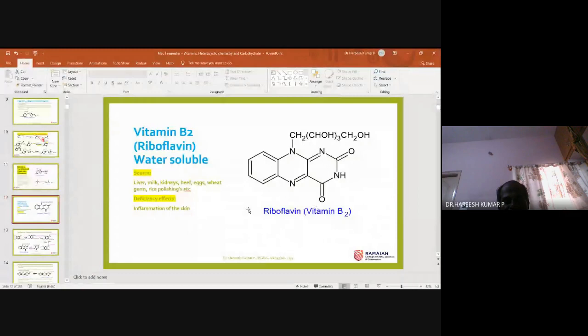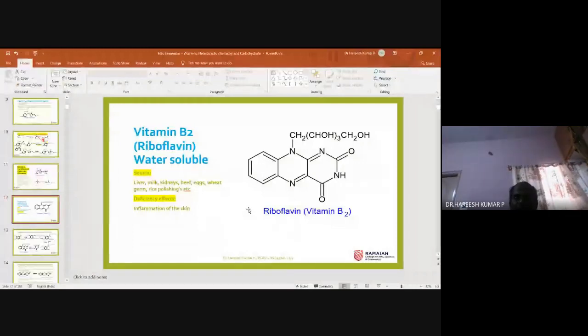So with this, I will go to the synthesis. How one can synthesize riboflavin. And I think I explained why we should go for a synthesis, because naturally occurring compounds, suppose you want to prepare 10 grams or 100 grams of riboflavin by taking liver or milk or kidney or beef or egg, whatever it is, it requires more quantity.